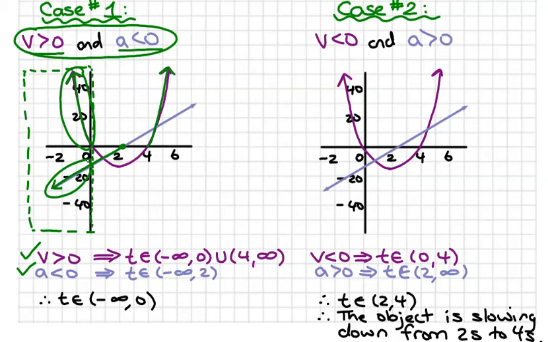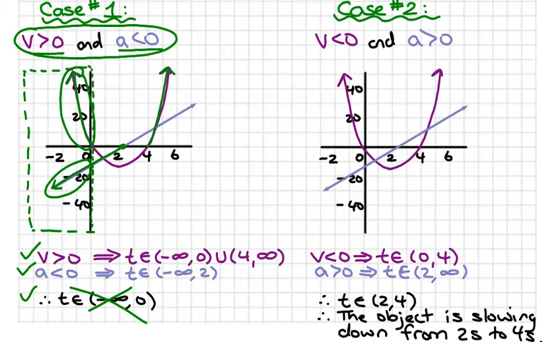And so this is my combined answer right here, from negative infinity all the way to 0, which actually doesn't really make sense. I mean, t represents time, right? So negative infinity to 0, that's negative time. That doesn't make sense. So I'm going to scrap this case and I'm going to go on to case 2.